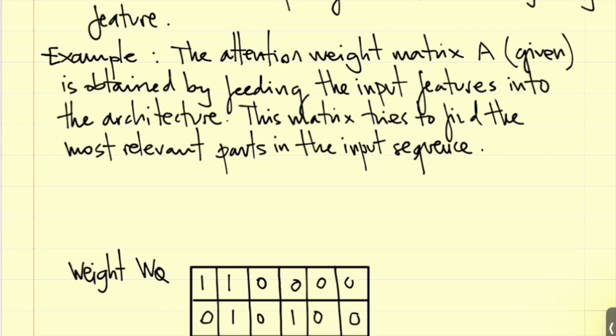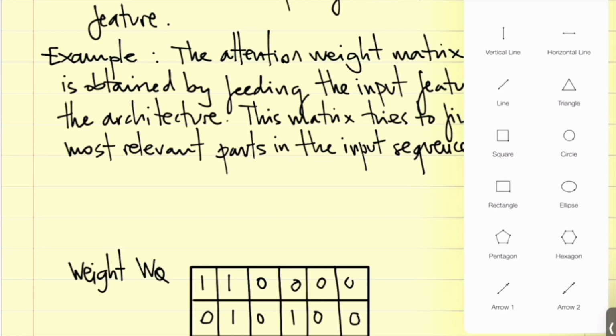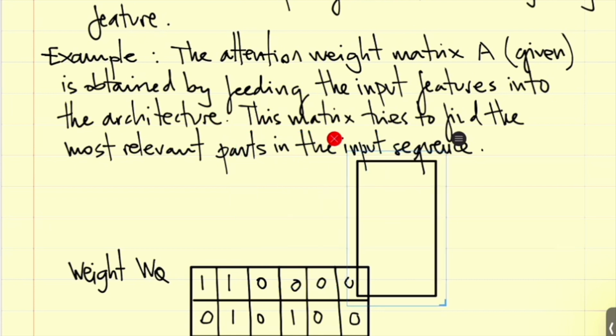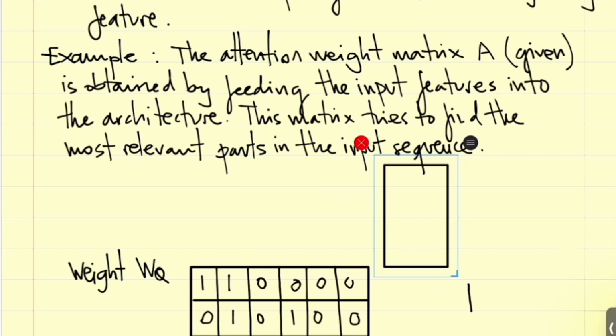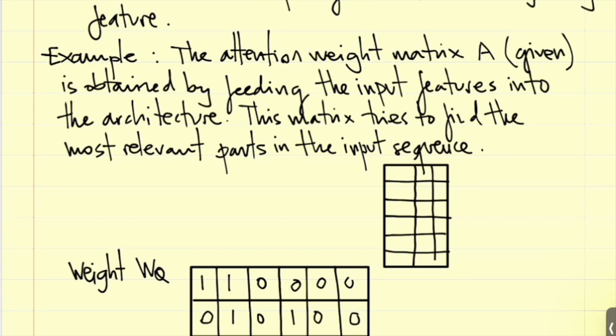And then we have some features, some data that we are interested in. Four and then 6, right? And then 4 here. So here some input.